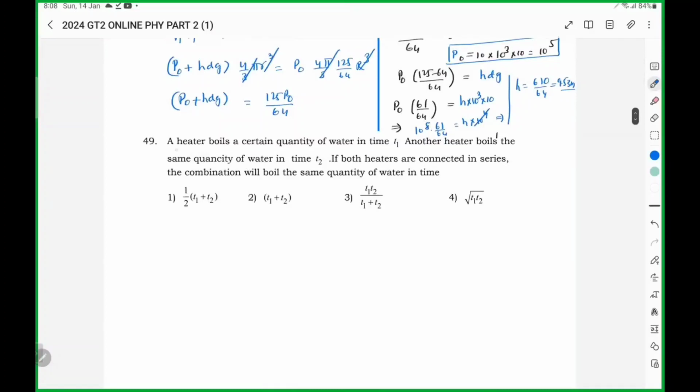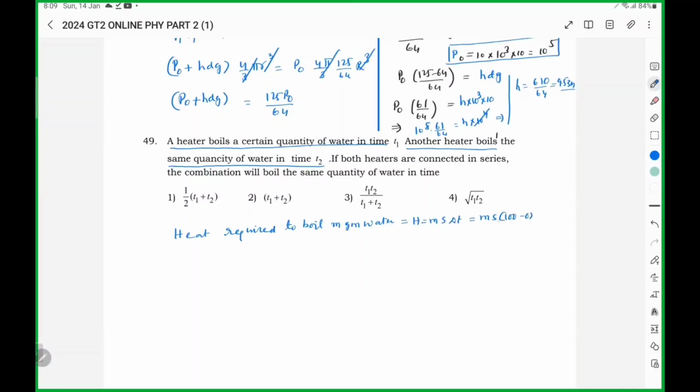Here, a heater boils a certain quantity of water in time T1. Another heater boils the same quantity of water in T2. So heat required to boil m grams of water, let us say a certain quantity, means m s delta T. Boiling point of water is this.